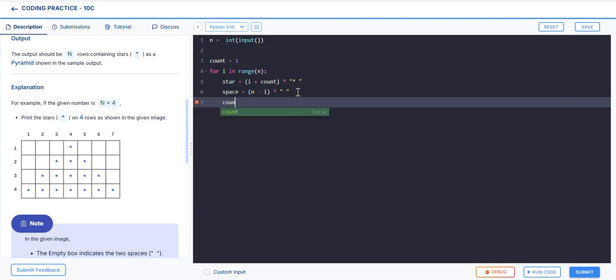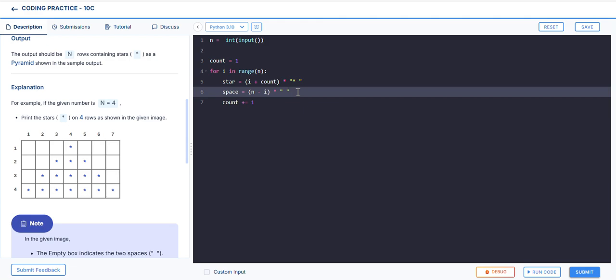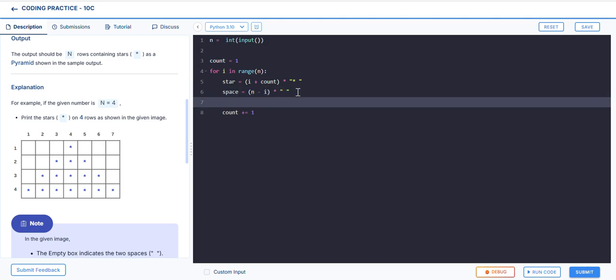That's why we have to increase the count value. Before that, we have to print. First space should be there, right? That's why space plus star.